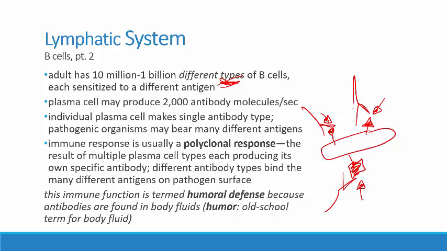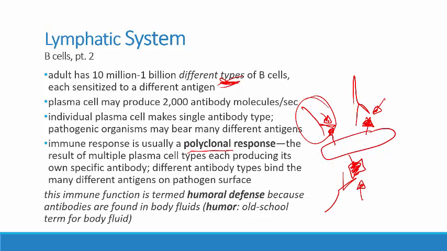So we describe the immune response as a polyclonal response because we make antibodies from a set of clones of plasma cells that are activated to, let's say, the circular-looking antigen, and a whole other set of clones that are activated to this square-looking antigen, and yet a whole other set of clones that are activated to this triangular antigen.